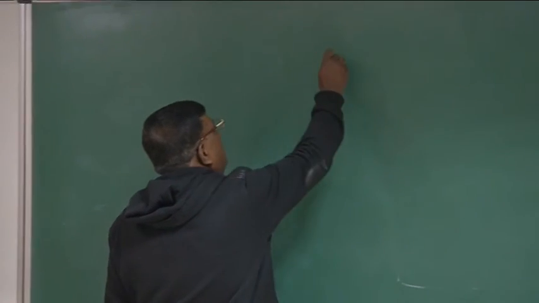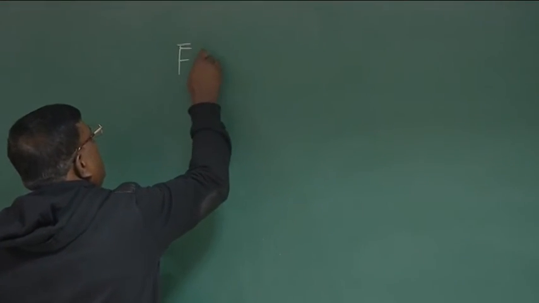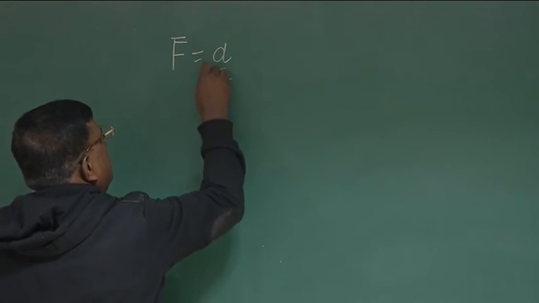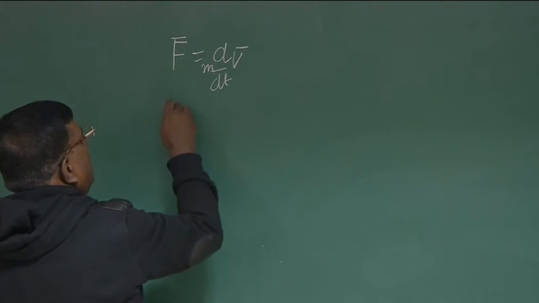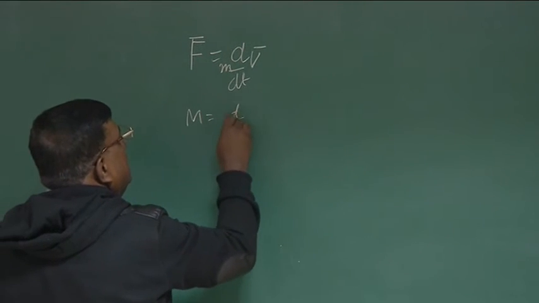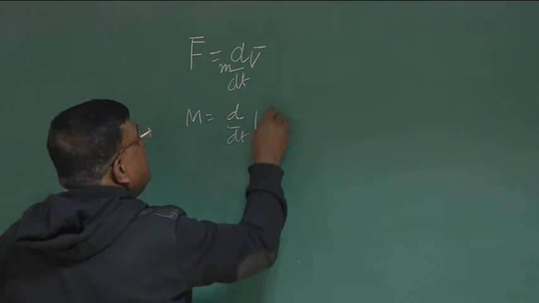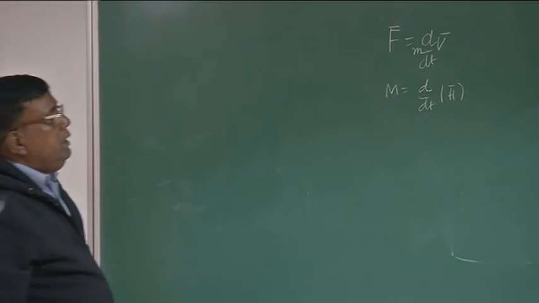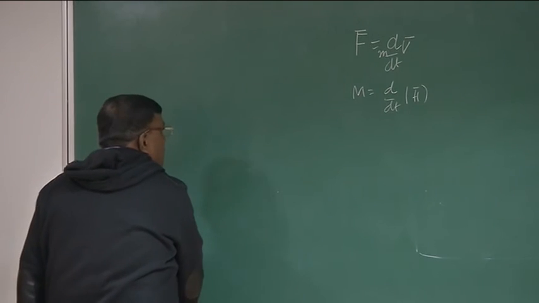The problem is when you are applying F equal to d by dt of m dv by dt, or d by dt of momentum, that is the rate of change of momentum, and we have neglected dm by dt.